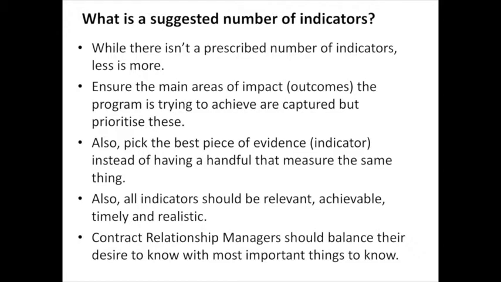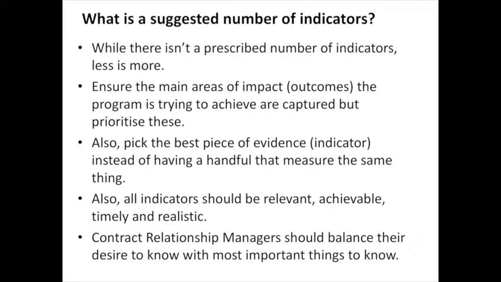Some providers ask if there is a suggested number of indicators. While there isn't a prescribed number of indicators for the co-design process, less is more. Ensure that the main areas of impact or outcomes the program is trying to achieve are captured, but prioritize these.